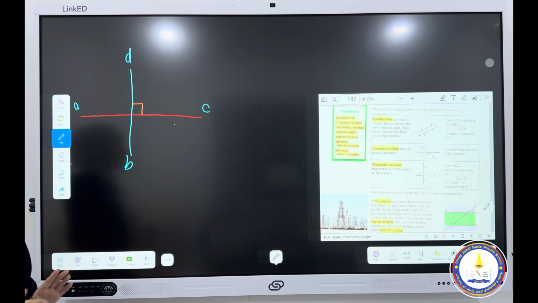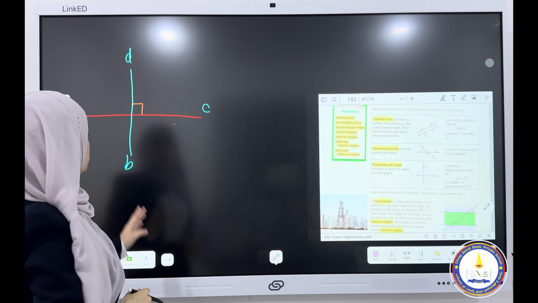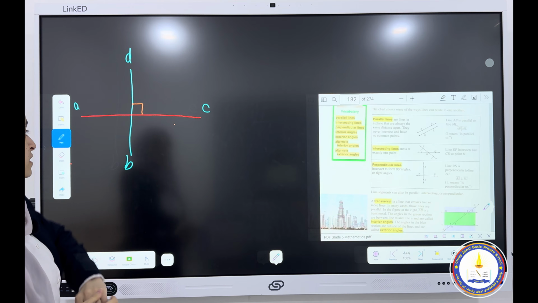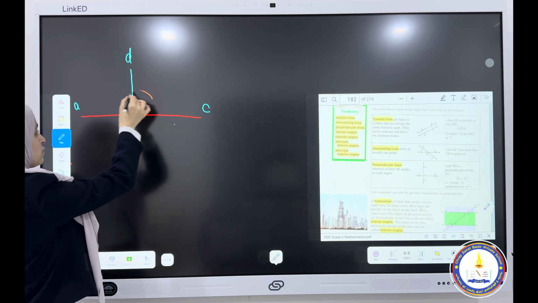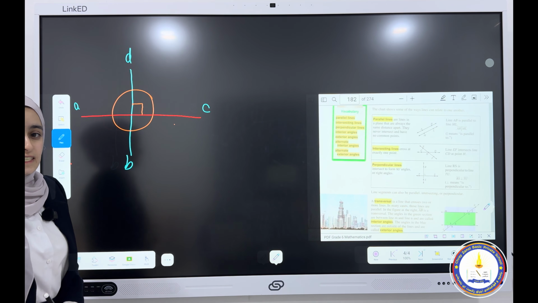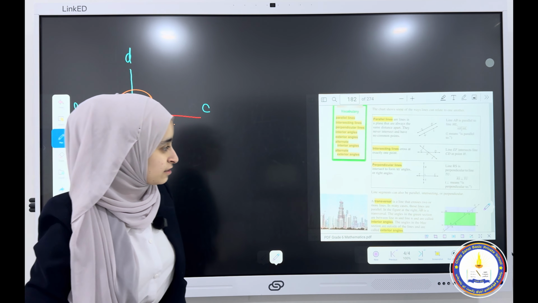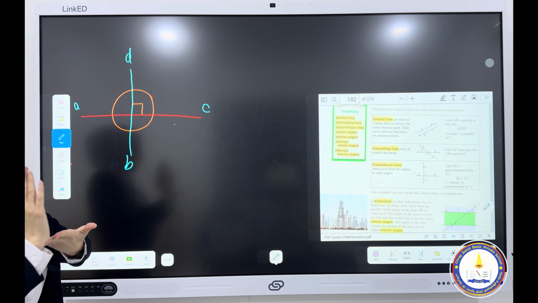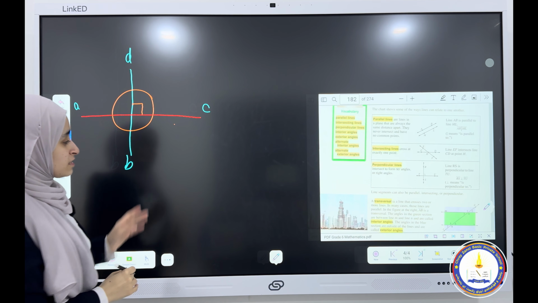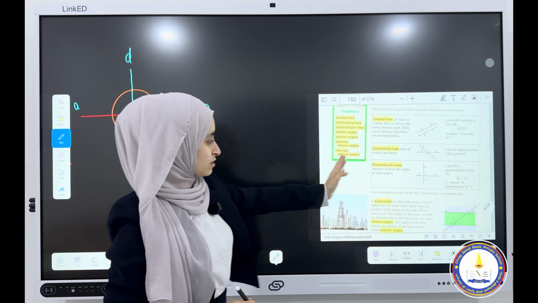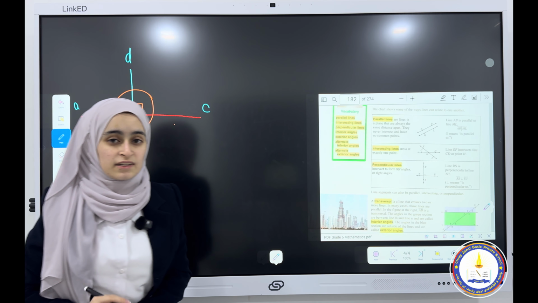Line DB is perpendicular to line AC, and they form what? A 90-degree angle, right? Or right angle. This is the difference between intersecting and perpendicular lines.